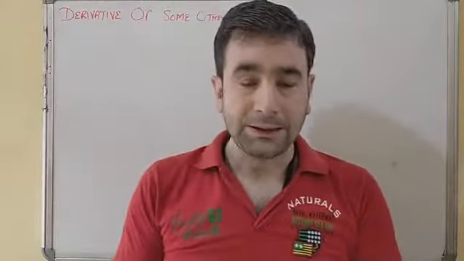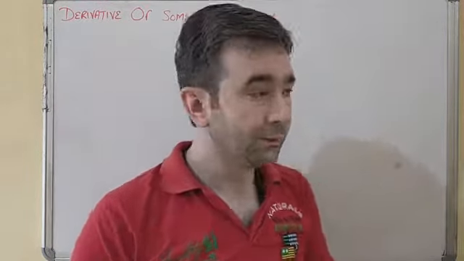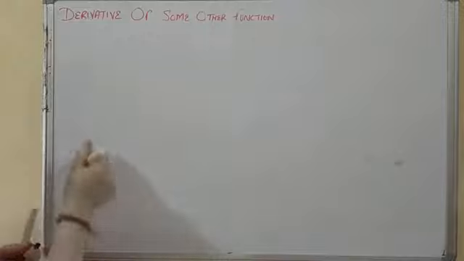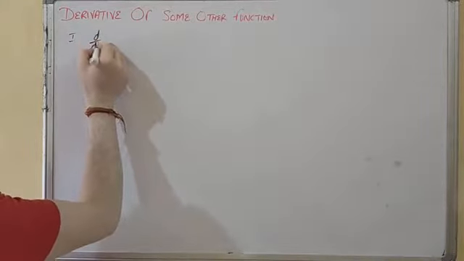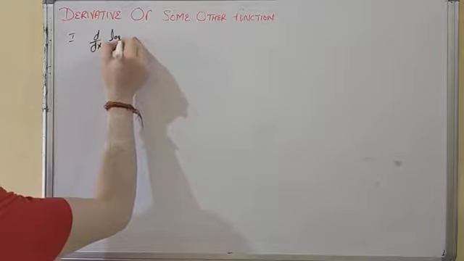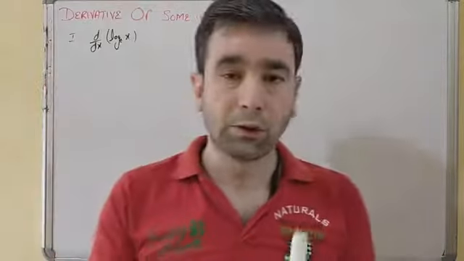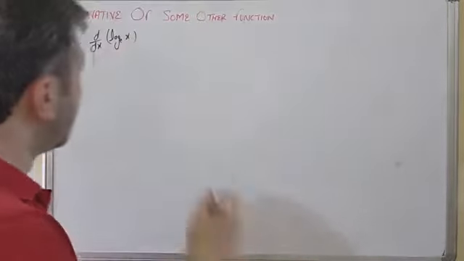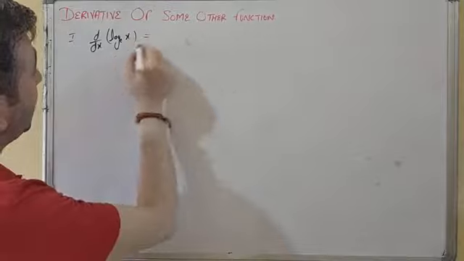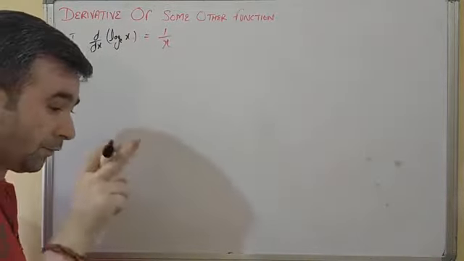Okay, apart from these trigonometric derivatives, we have two more derivatives of functions. The first one is, when we apply this derivative operator on the log of base e x, it converts this function into 1 upon x.